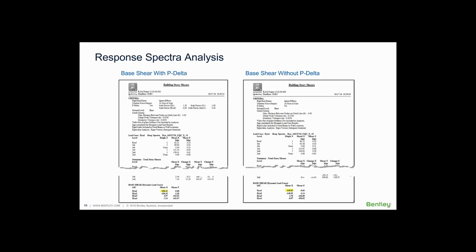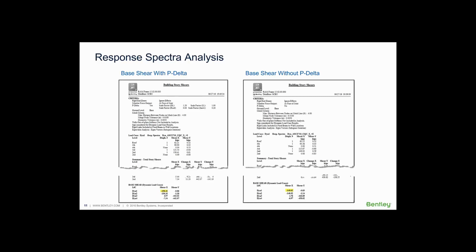So, I mean, that's an interesting question, and normally I would expect in an equivalent lateral force analysis, what we would expect is if the period is longer, the base shear is going to be smaller. And we're not seeing that here. What we're seeing here is this response spectra analysis has a larger base shear with P delta than it does without P delta, which the attendee observed seems to be counterintuitive.